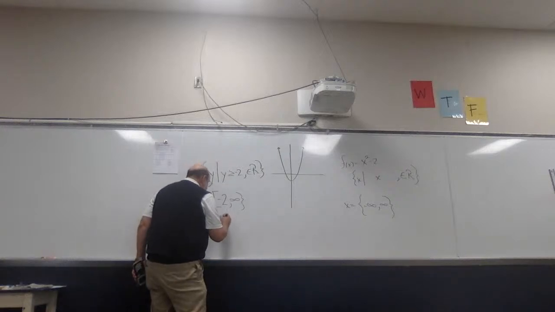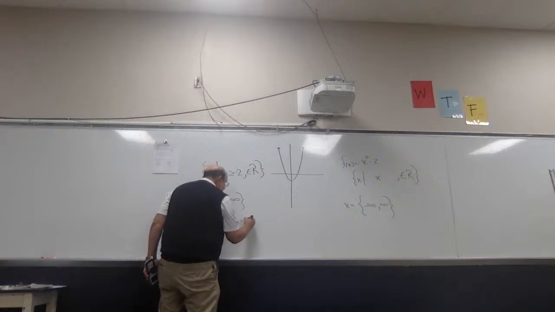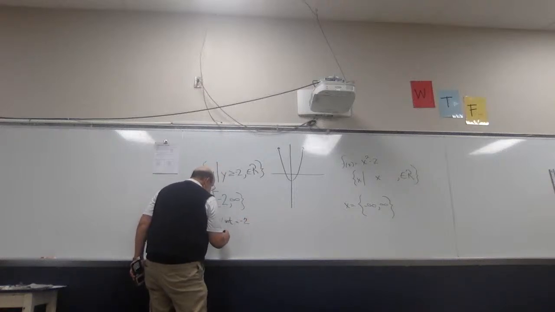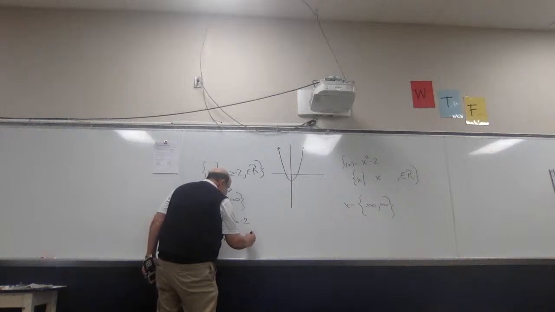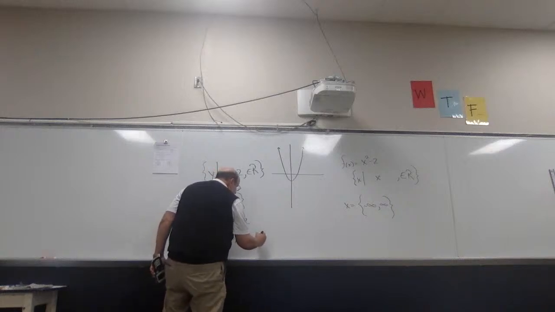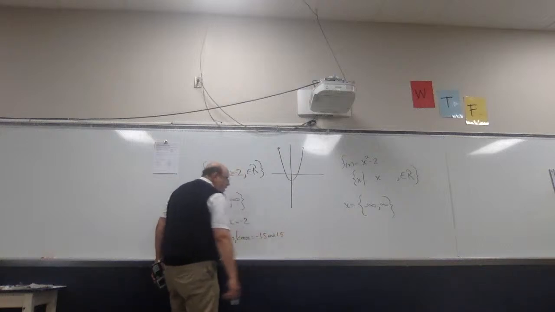So the y-intercept is -2. Roots or zeros. I think the book likes to call them zeros. They are -1.5 and 1.5.